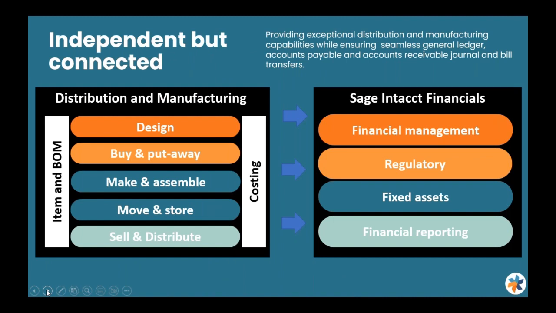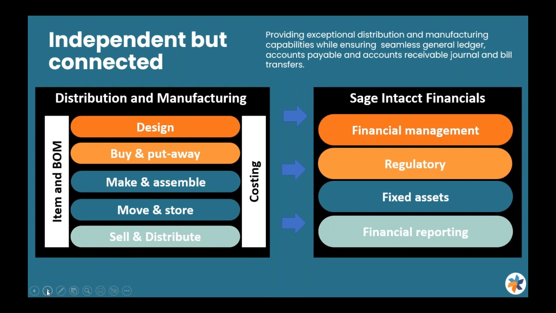And so what does this mean? Really what it means is that although SDMO is independent, it can be connected. On the left, you'll see we've got distribution and manufacturing. So things like design, buy and put away, make and assemble, move and store, sell and distribute. That's all housed inside of SDMO. And then on the right-hand side, and again, it directly integrates with Sage Intacct, but we can have integration points with other accounting packages.